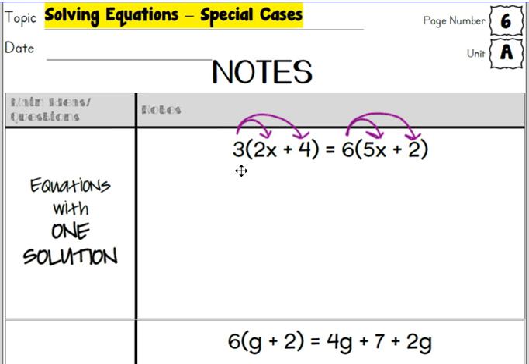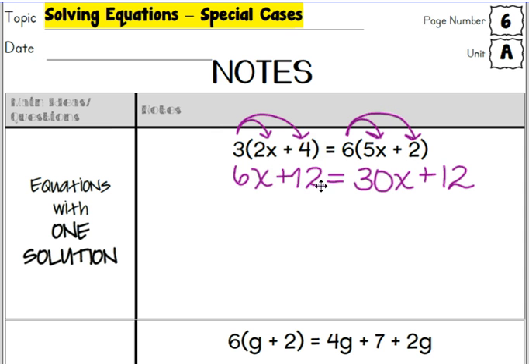So 3 times 2x will give us 6x, and 3 times a positive 4 will give us a positive 12. And that is equal to 6 times 5x is 30x, and 6 times a positive 2 is positive 12.